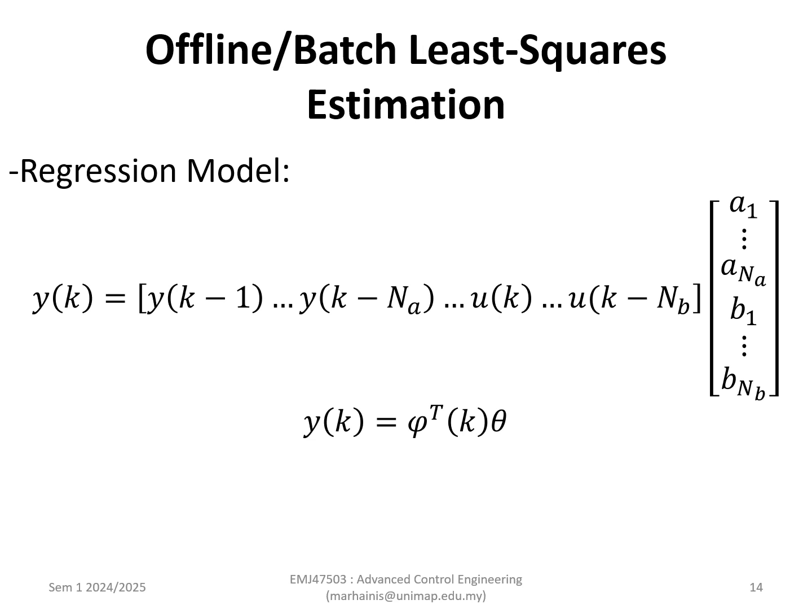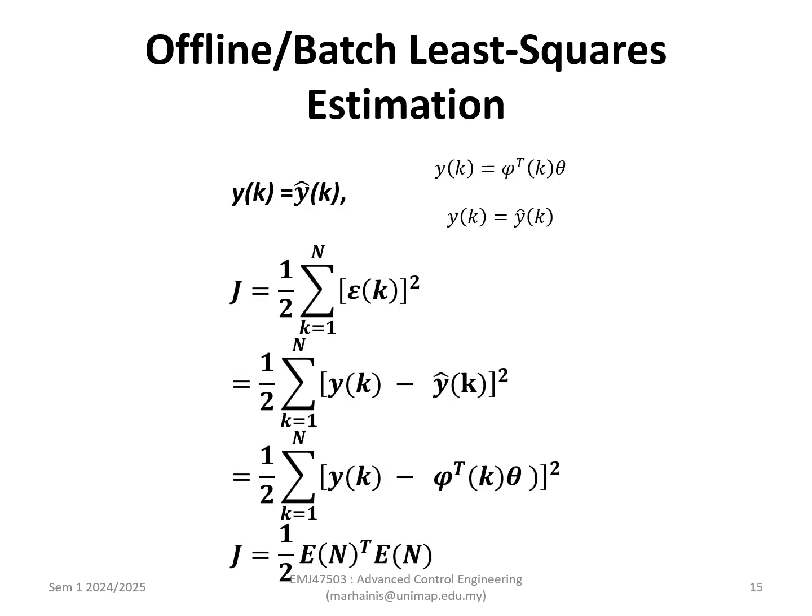So we get yk equal to phi transpose k theta, where here is the phi transpose k, and here is the matrix for theta.